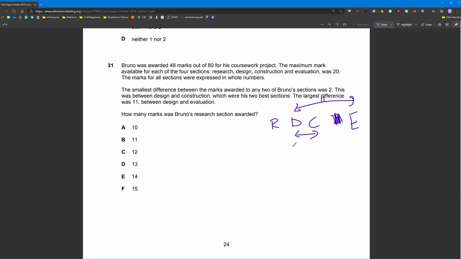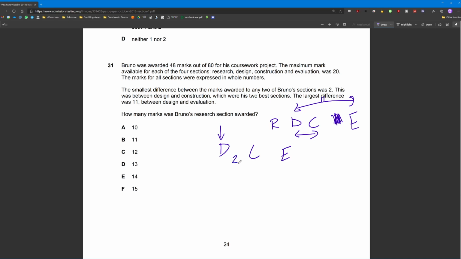How many marks was Bruno's research section awarded? Okay, suppose we have his best 2 sections, D and C. We know that E is going to be less than D because D and C are the best. We don't necessarily know that C is better than D or that D is better than C. But because D is so much greater than E, for the purposes of figuring it out, let's first propose that D is the largest.